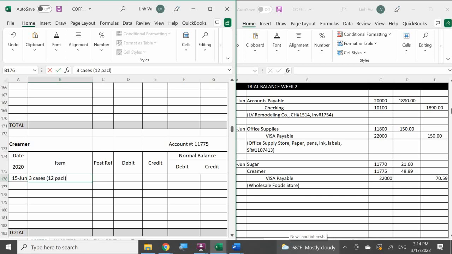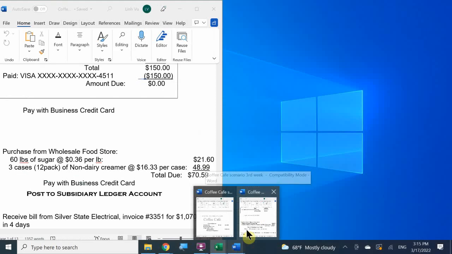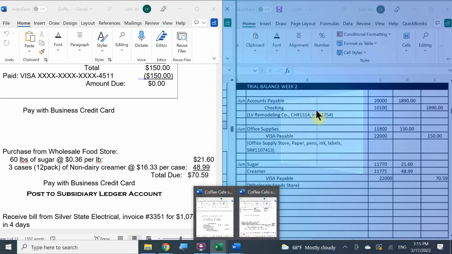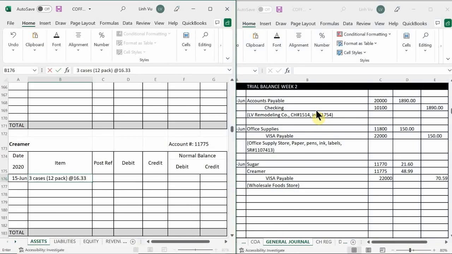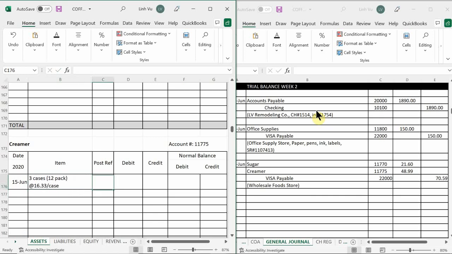No specific size, but this is assuming this is the small bottle for a 12-pack creamer. And how much did it cost me per case? $16.33 per case. So therefore, how much in grand total did I pay for the creamer? $48.99.